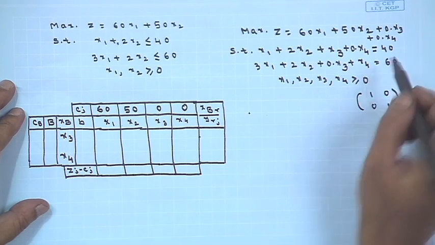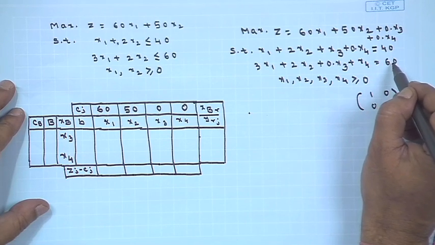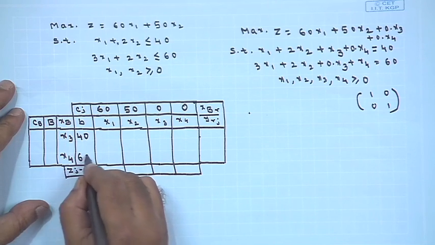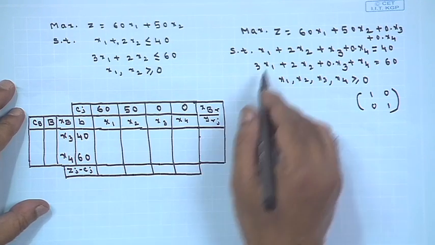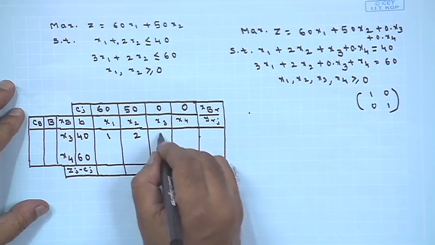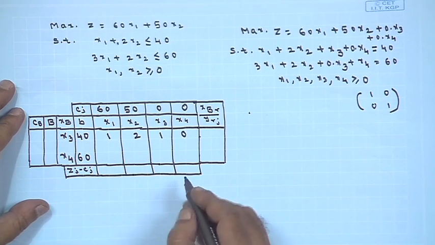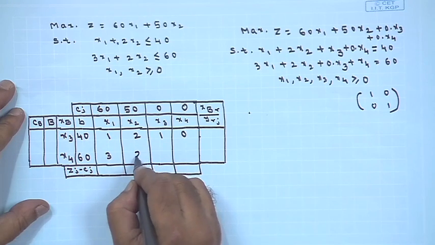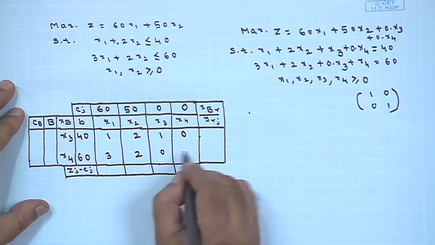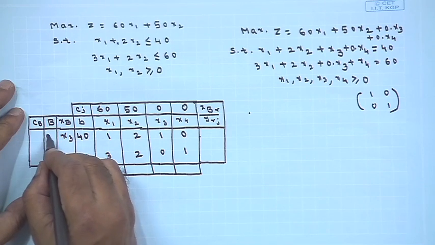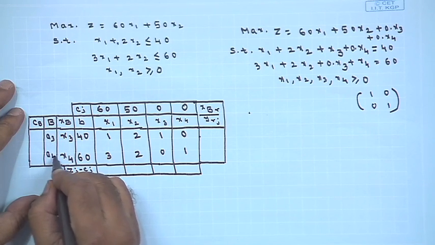This b corresponds to these two values, 40 and 60. So I am writing this as 40 and 60, and these coefficients are 1, 2, for x3 it is 1, it is 0. The next one is 3, the coefficient of x2 is 2, then it is 0 and then it is 1. In your basis column we write the variables as a3 and a4.